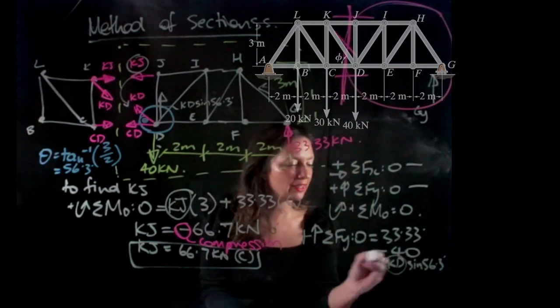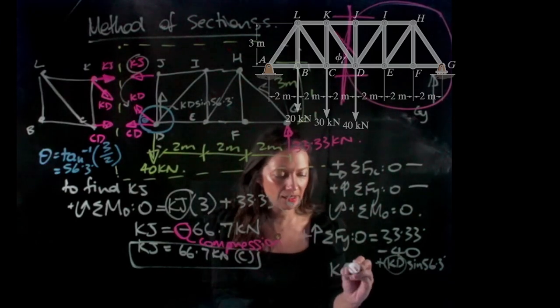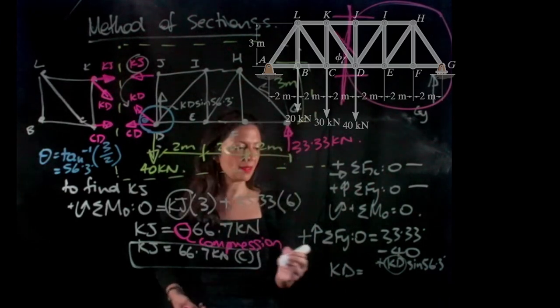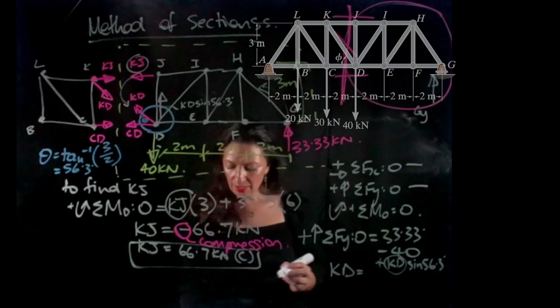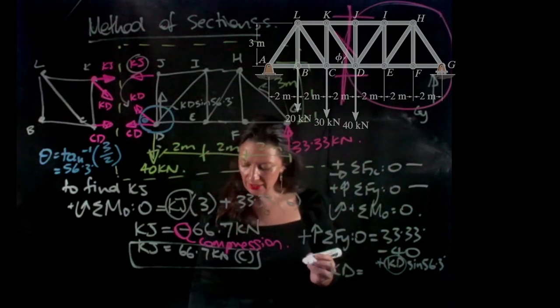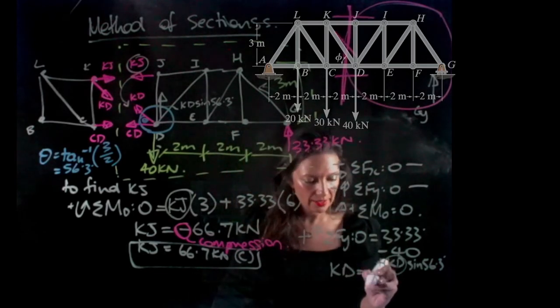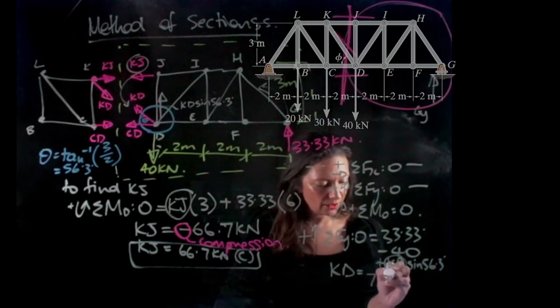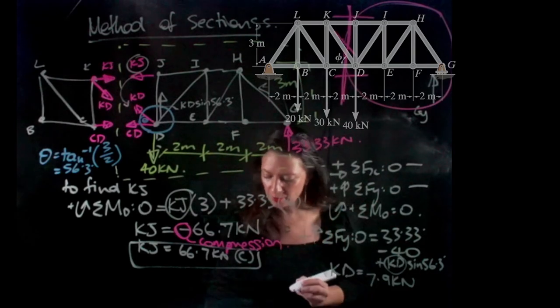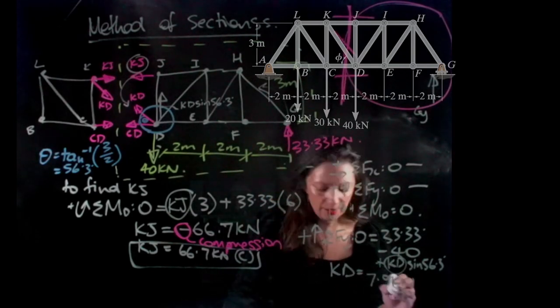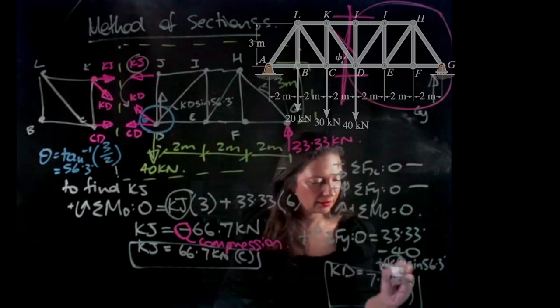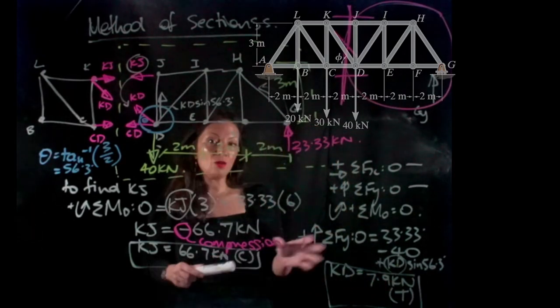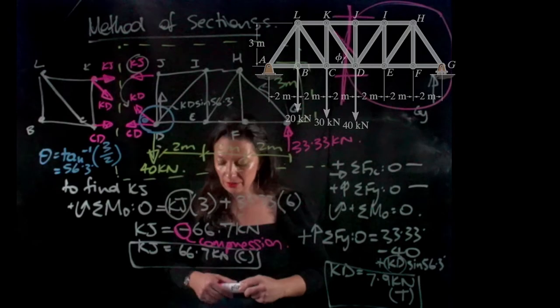So I can solve for KD. KD is going to equal 7.9 kilonewtons, and since it's positive, it's going to be in tension. Okay, you always have to check which way is positive and negative.